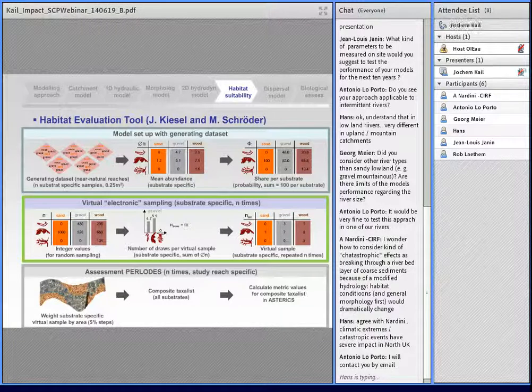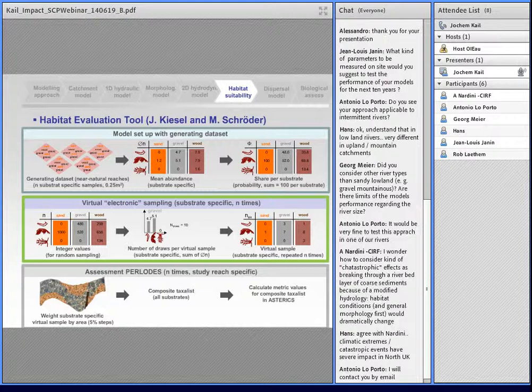Just a response to Hans, because he's mentioning again the climate extremes and catastrophic events. We were very surprised to see that in this northern German catchment we don't really have an increase predicted in the high flows, the morphodynamic relevant high flows.